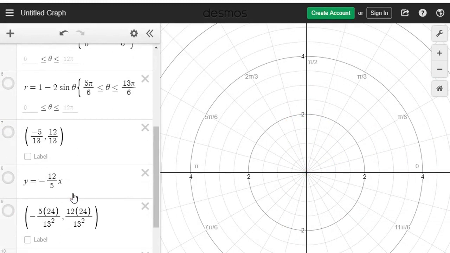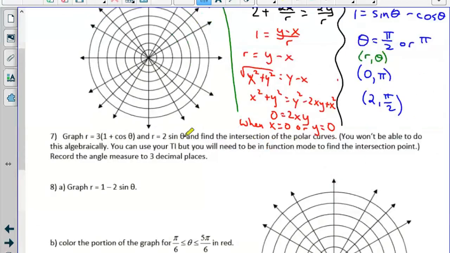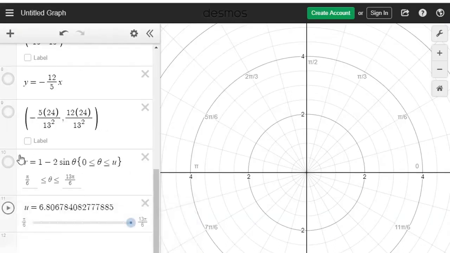And then the final question, problem 8 on your worksheet, is graph r equals 1 minus 2 sine theta. So we will do that.